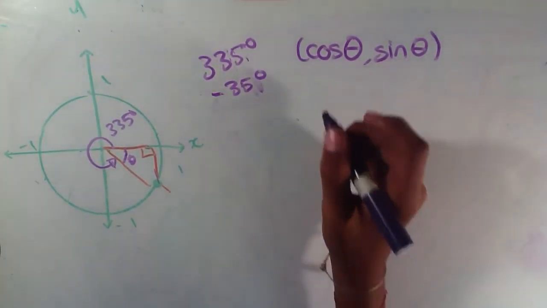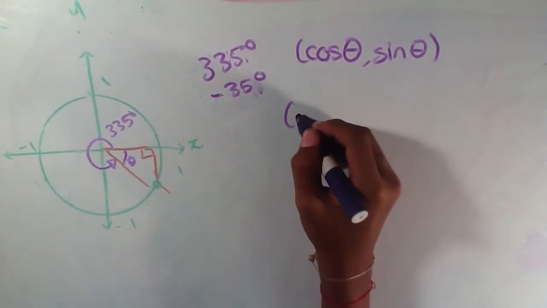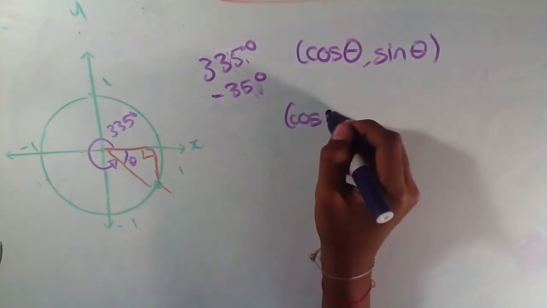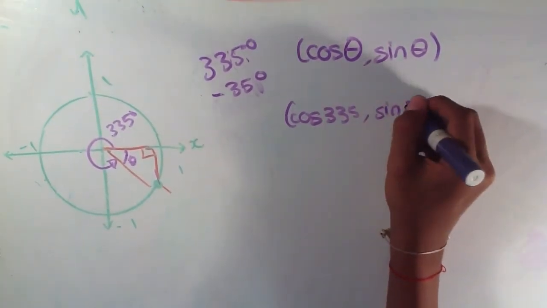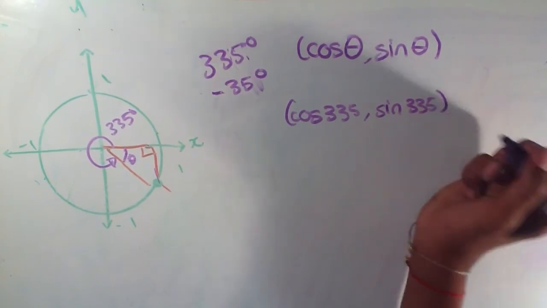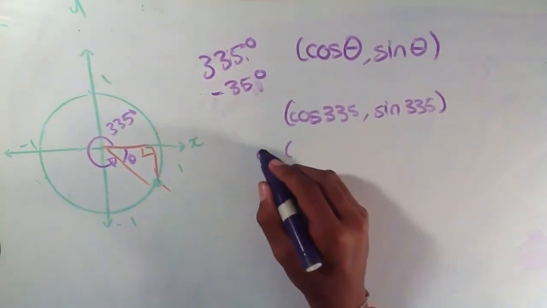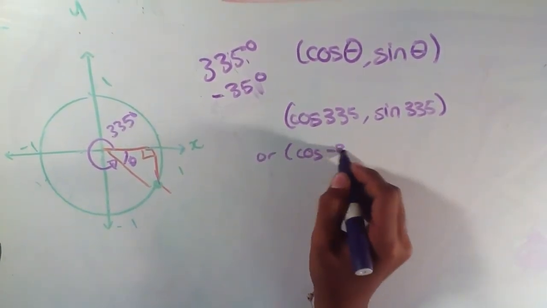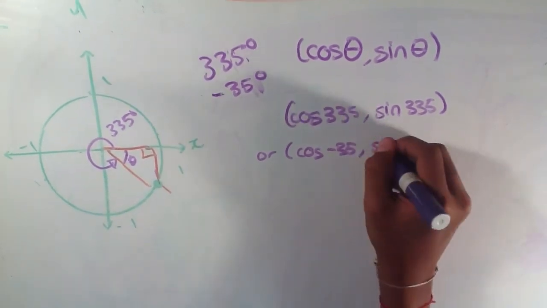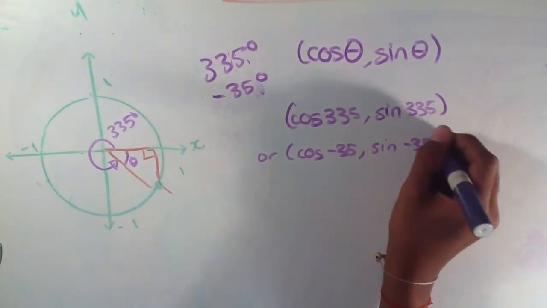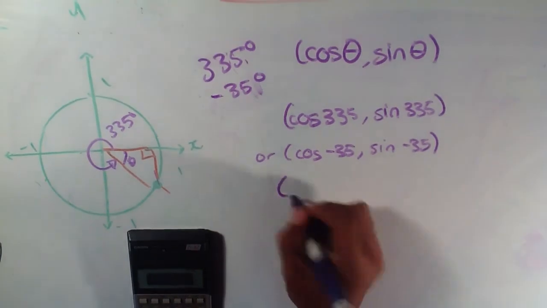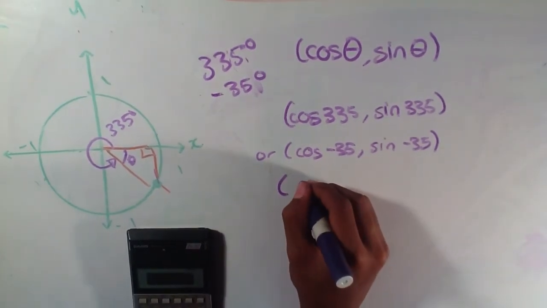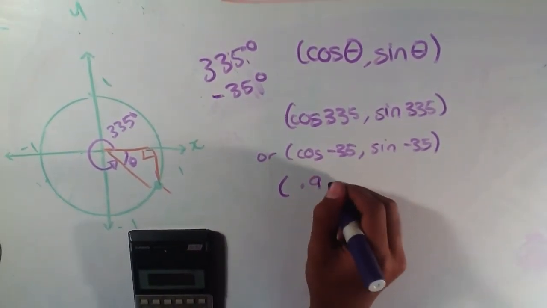If we substitute this in, it would then equal cos 335, sine 335, or cos negative 25 and sine negative 25. If we then put that into our calculator, it displays cos being 0.9.